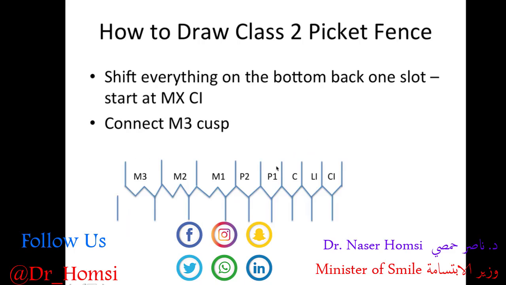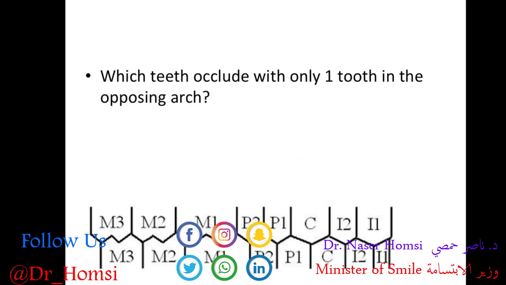If we start on the maxillary central incisor, we just draw a line down, 1, 2, 3, 4, etc. Keep going, and when we get back here, we're going to connect the third molar. So we have an easy template for class 2 occlusion, and I go through a typical class 2 occlusion question you'll see on the boards at the end of the lecture.